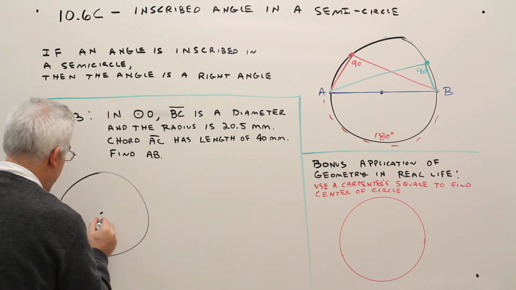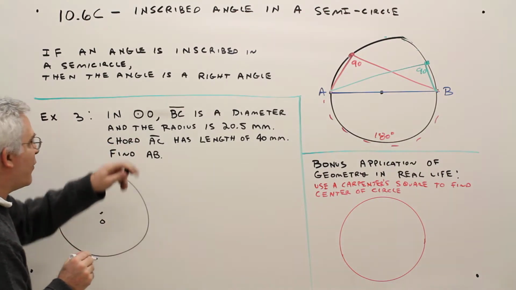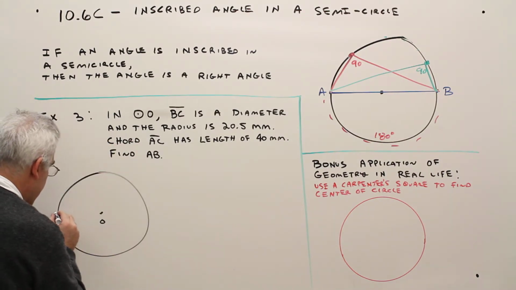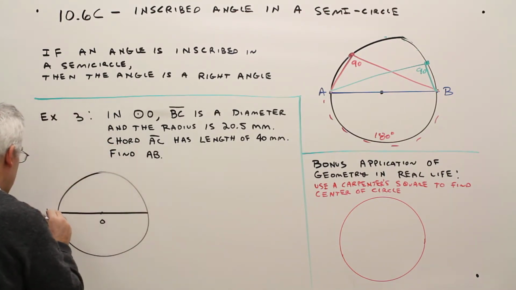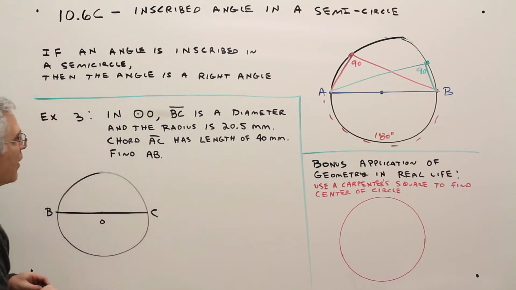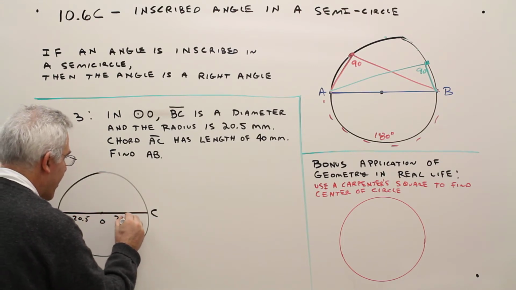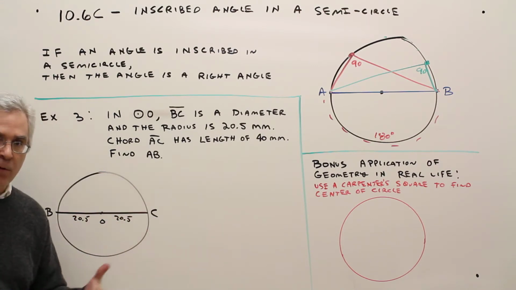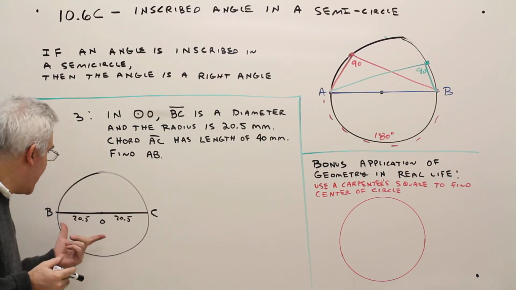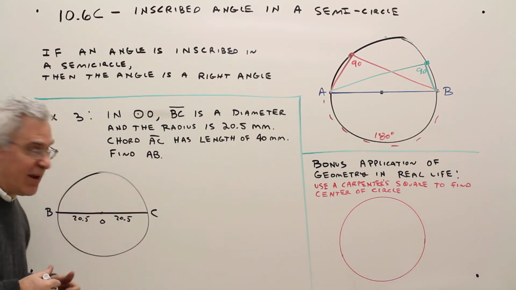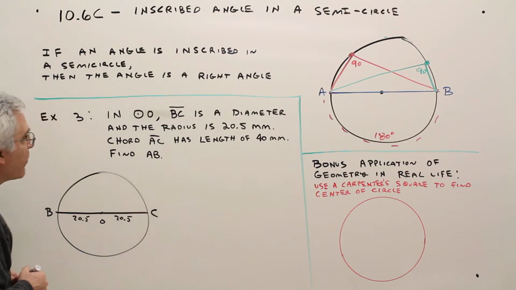So that'll be O. It says BC is a diameter. All right, it says the radius is 20.5. So 20.5 there, 20.5 there. Of course, the diameter would be just that sum, which would be 41 if we need it later.